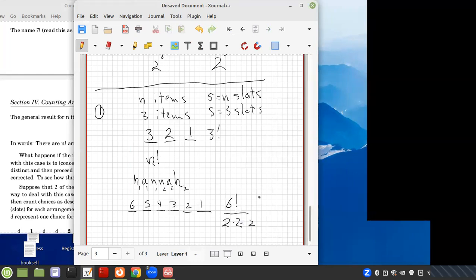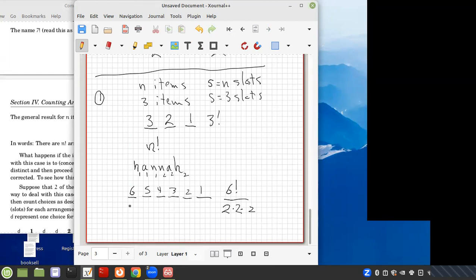So the answer is going to be 6 factorial divided by 2 factorial, which equals 2, for each of them. So if you have repeated items, what you do is you pretend they're all distinct, count them, and then divide out by the overlap.